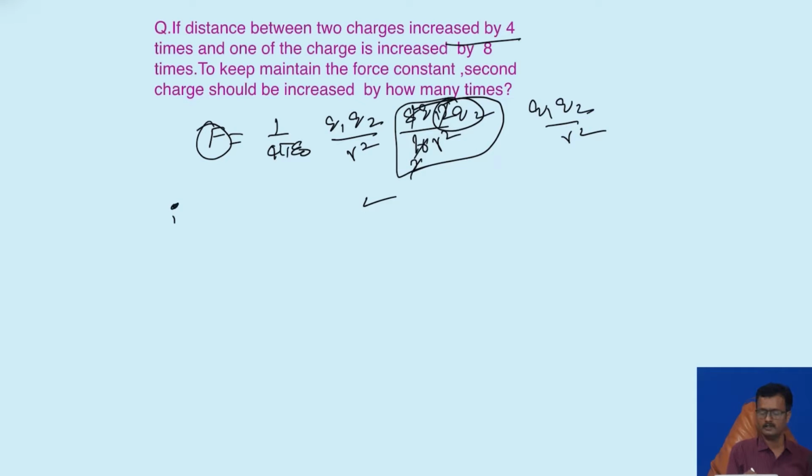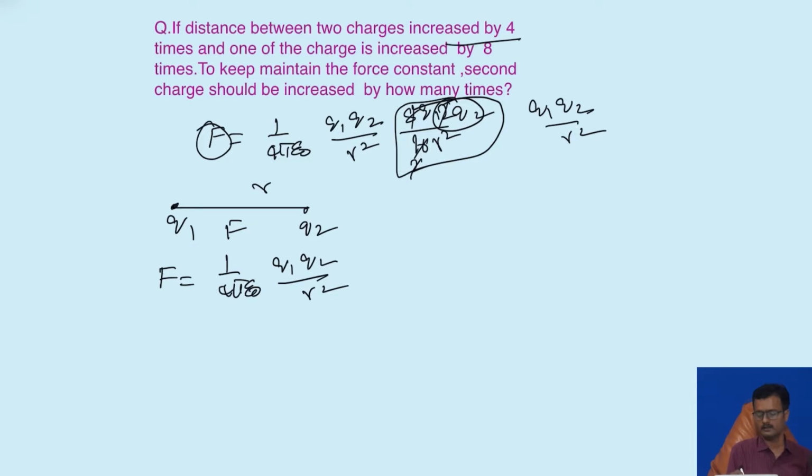Or here, take the formula. See here, point charges. The charges are Q1 and another one Q2, which are separated by a distance R, and suppose that is the force between them. F is equal to 1 by 4 pi epsilon naught Q1 Q2 by R square. See what is the next condition? Distance is increased by 4 times, and for one of the charges, say Q1, is increased by 8 times.